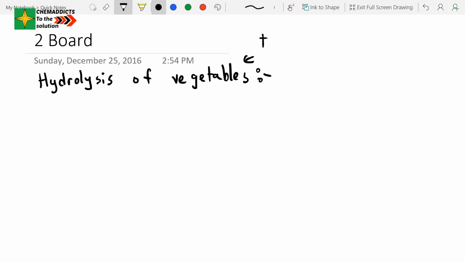Triglycerides, or in other words we can say esters of long chain carboxylic acids and triol. So vegetable oil is mainly triglycerides, esters of long chain carboxylic acid and triol.